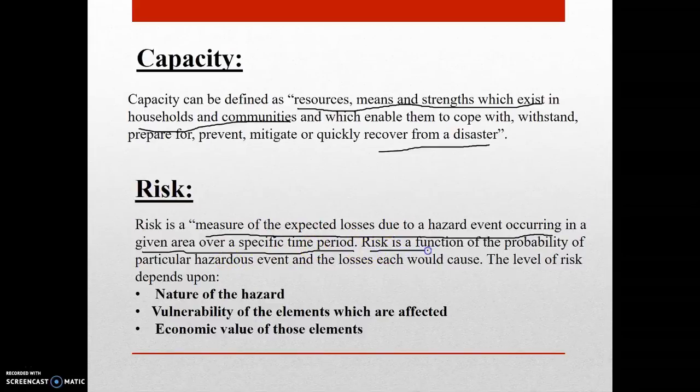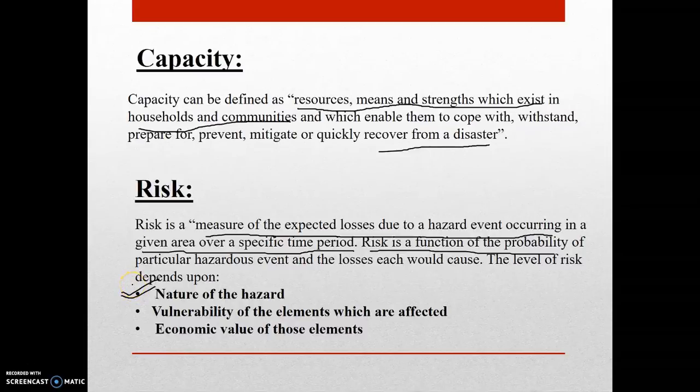Risk is a function of the probability of a particular hazardous event and the losses each would cause. The level of risk depends upon the nature of the hazard, because different hazards carry different types of risks.